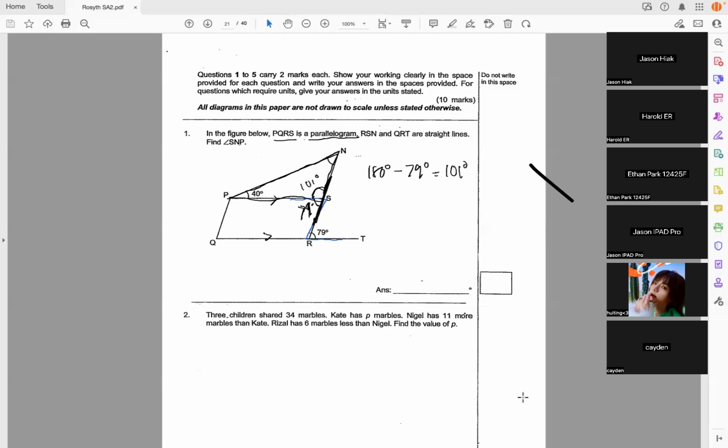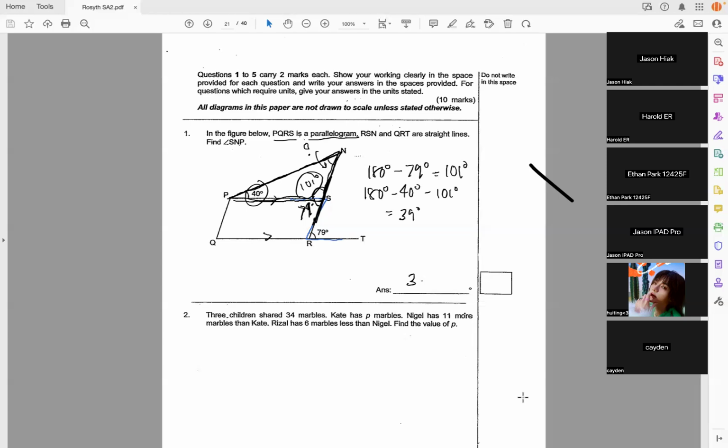Now we're back to the angles inside a triangle, which add up to 180 degrees. To find this angle, which is the question mark, you go 180 minus 40 degrees minus 101 degrees. And the answer is 39 degrees.